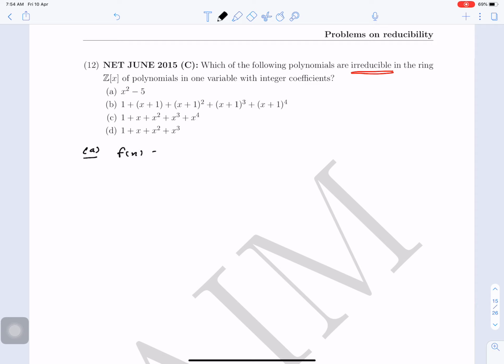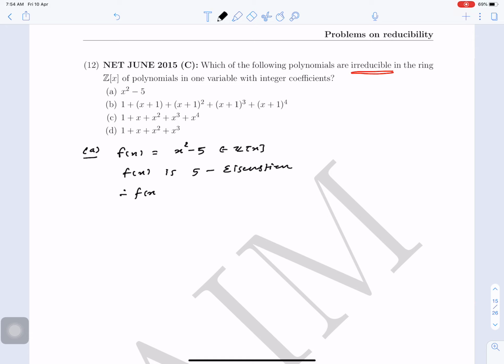f(x) is equal to x square minus 5. So it is over Z[x]. So clearly f(x) is Eisenstein.